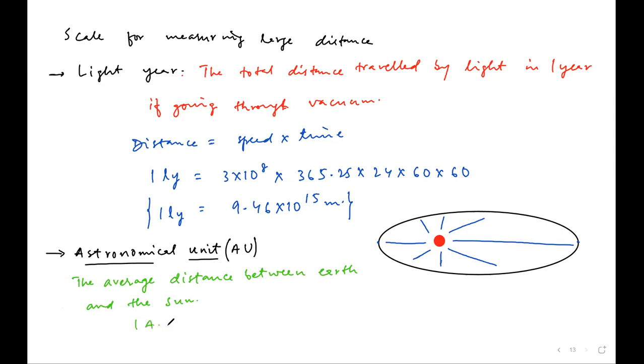So 1 astronomical unit is equal to 1.496 into 10 raised to 11, or you may write it as 1.5 into 10 raised to 11 meters. So this is another scale for measuring large distances.